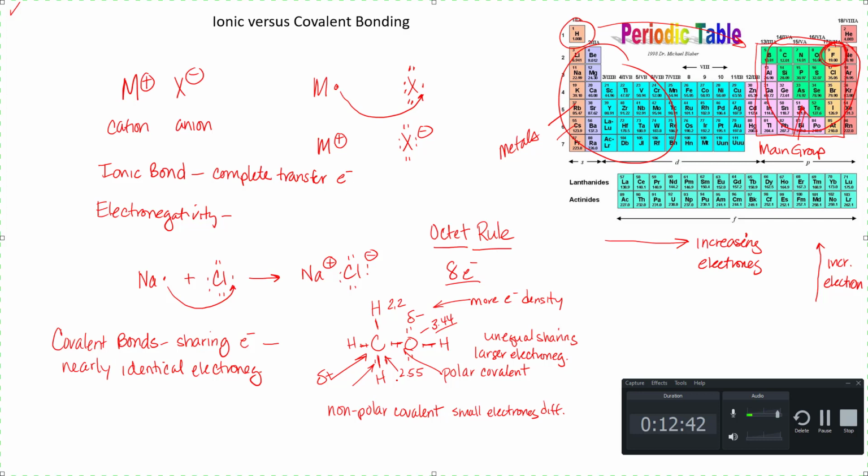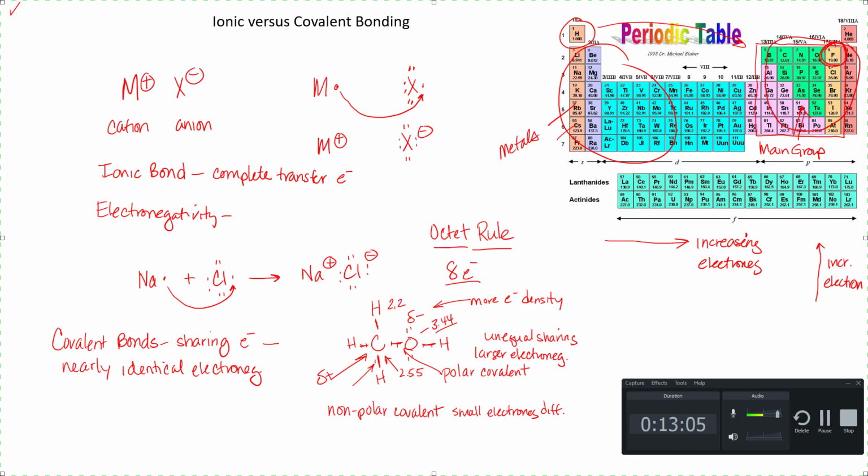And so there's no real definitive boundary between nonpolar covalent bonds and polar covalent bonds. In organic chemistry, we're interested in carbon, hydrogen, oxygen, nitrogen, the halogens, sulfur, phosphorus.